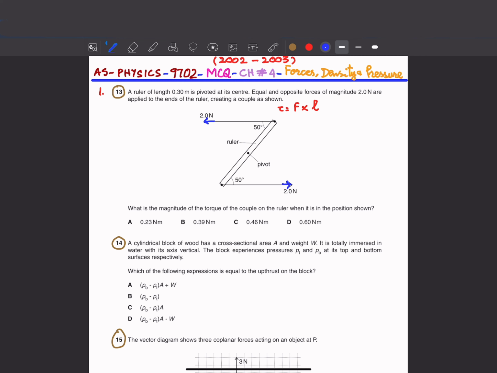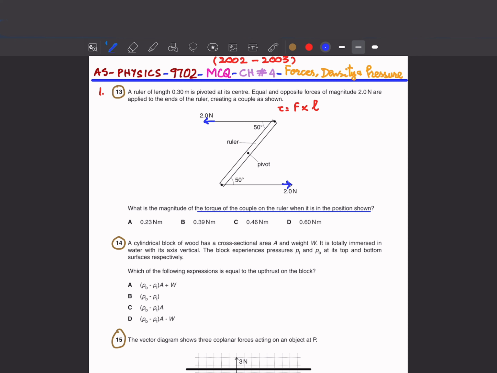As I said, a couple of forces can create a torque of a couple, and what is the magnitude of the torque of the couple on the ruler in the position shown? The basic point to remember, as we have discussed in theory, is that you have to take the perpendicular distance.